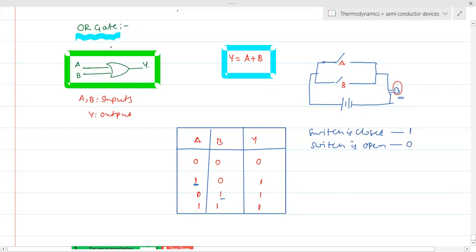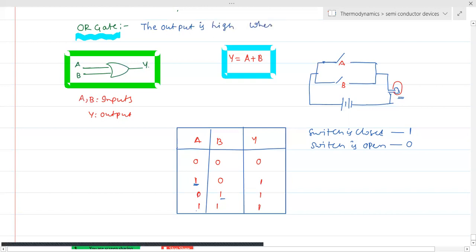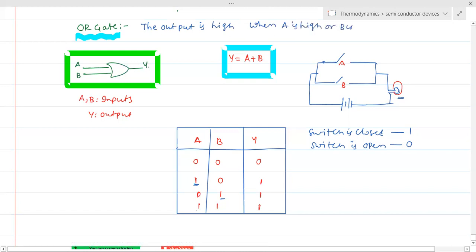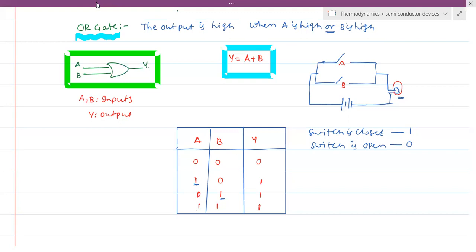Here we are using the term OR, so that's why it is called an OR gate. In this way we will understand.